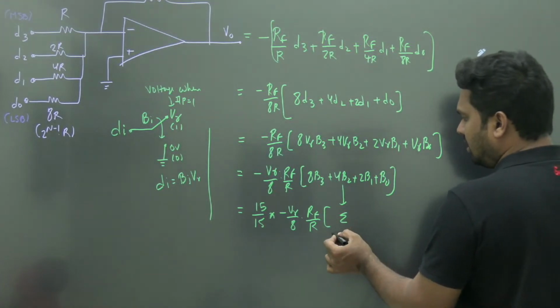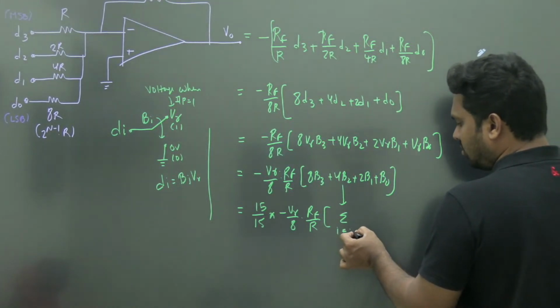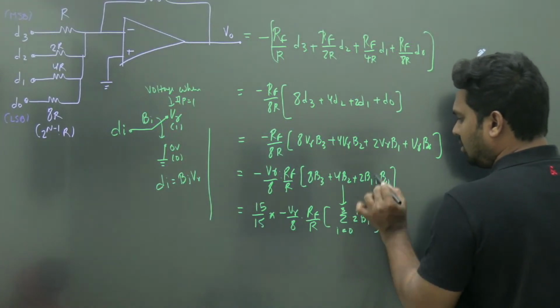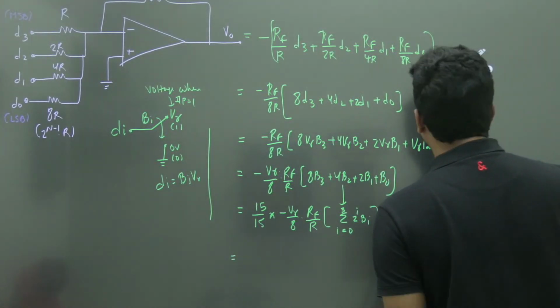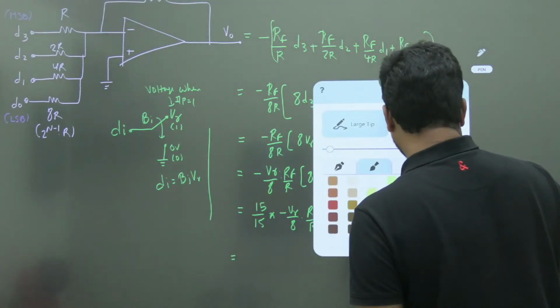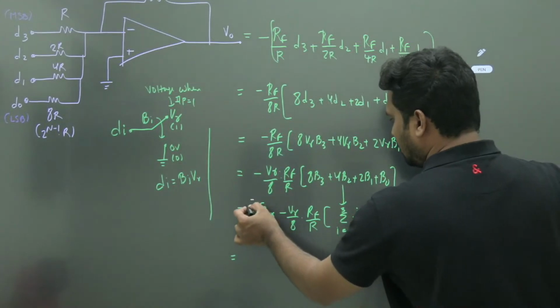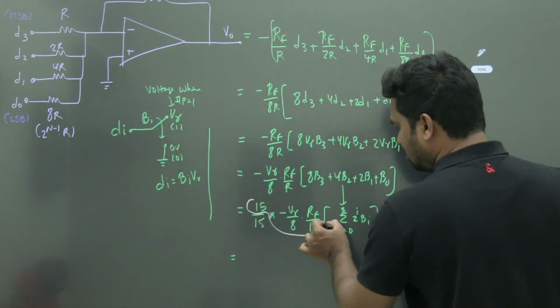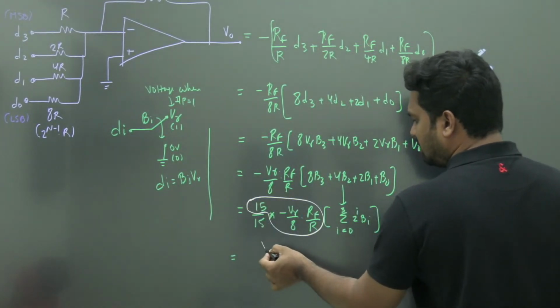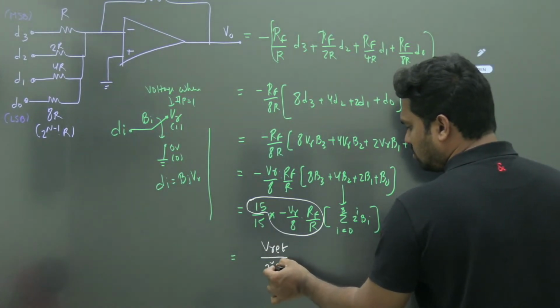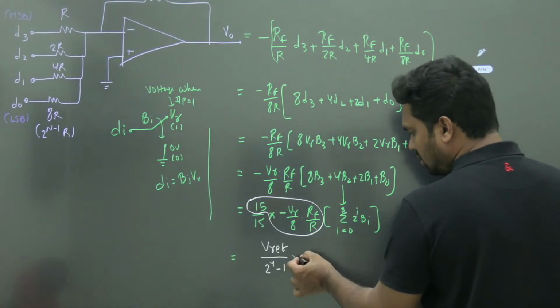It can be written as the sum of i equal to 0 to 3 of 2 to the power of i Bi. If you take this part and replace it with V reference, this 15 can be written as 2 to the power of 4 minus 1, into, now listen here.